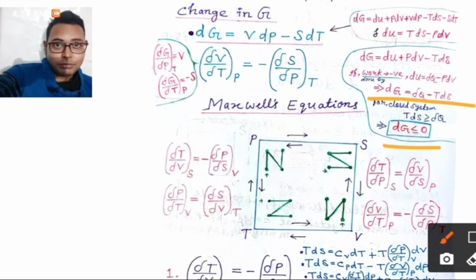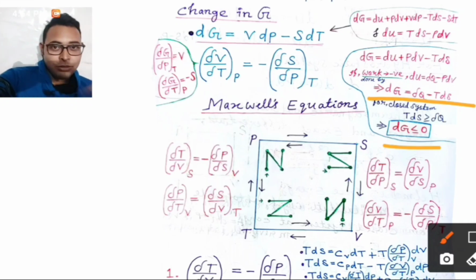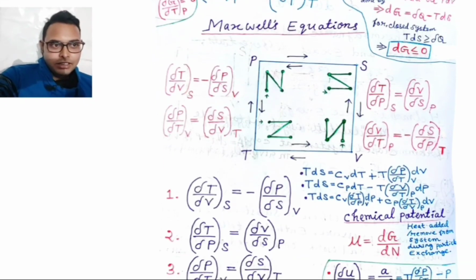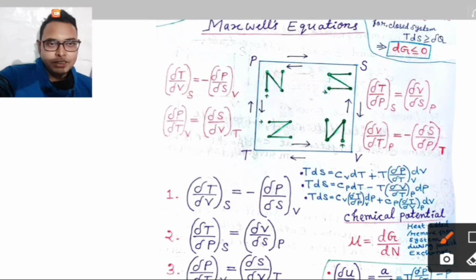And one important and very interesting diagrammatic approach to write Maxwell's equations is going to be very fun to learn here, right? Let's make this diagram. Okay, this is a square.